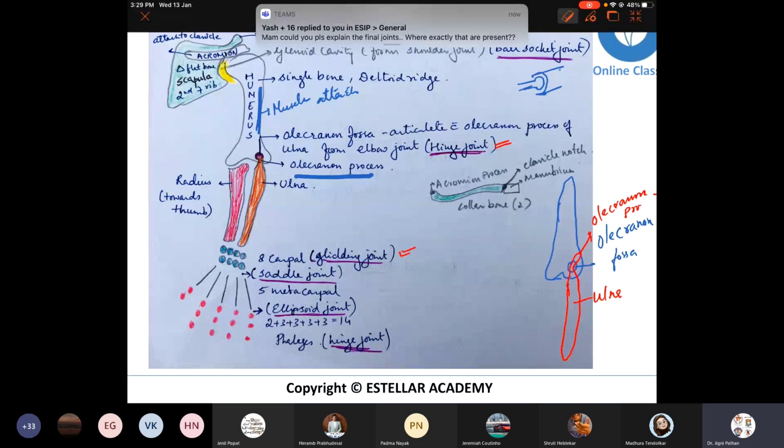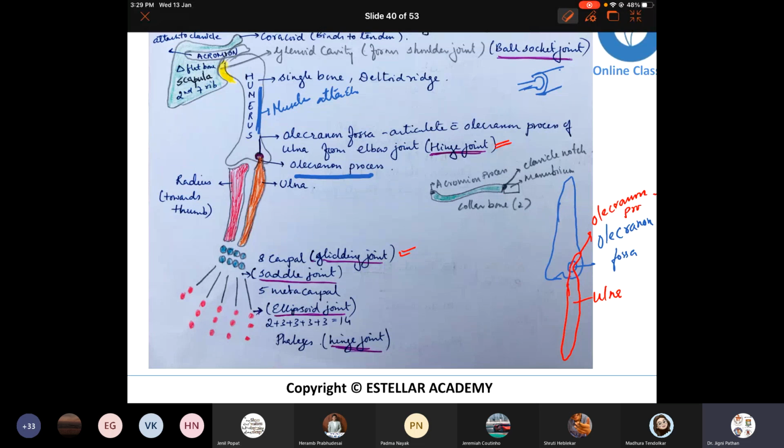Final joints. See, first, let me tell you: the ball and socket joint is the shoulder joint. The hinge joint is the knee joint. The gliding joint is between the carpals, where the wrist is; the 8 carpals are found in the wrist region, which is a gliding joint.